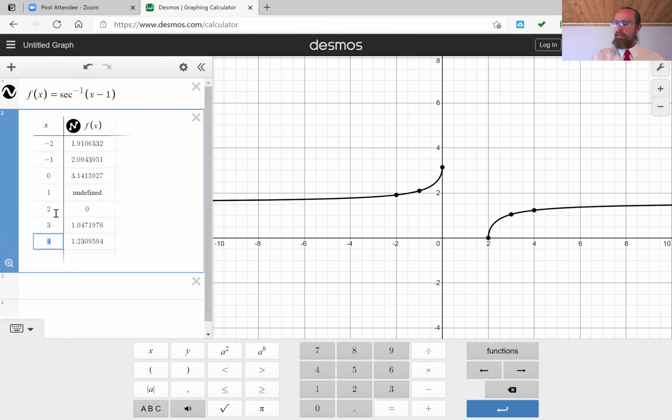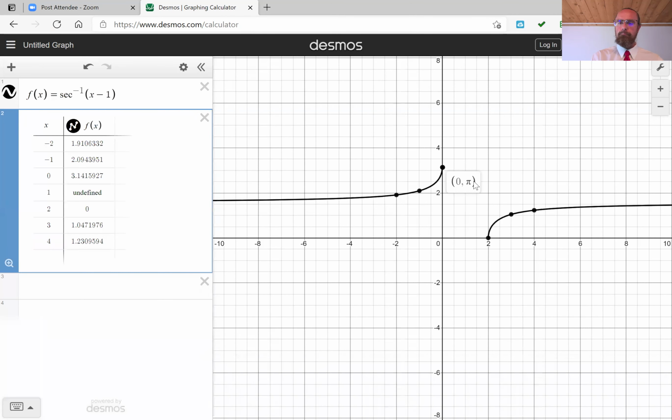So let's grab a table from -2 through 4, and I'm just going to round to the nearest hundredths. -2 is 1.91, -1 is 2.09, 0 is 3.14, which you can guess is pi. You can see that's the maximum value on the graph. In fact, when I click that point, Desmos labels it (0, pi).